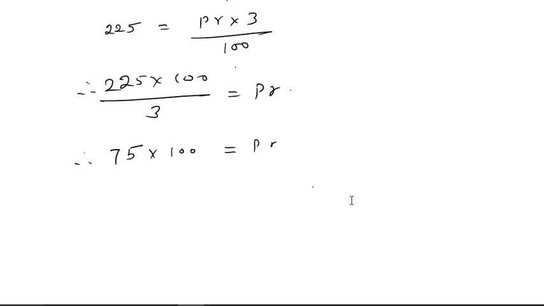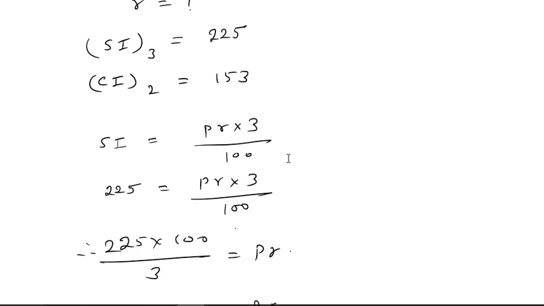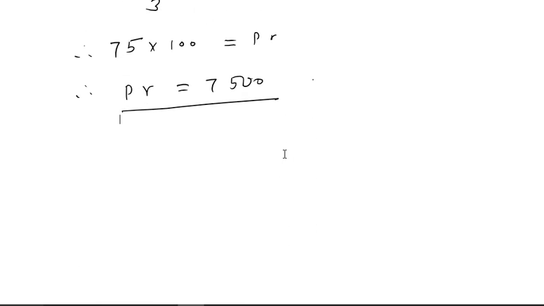So the value of PR becomes 7500. Value of PR is 7500. Now for compound interest, let us use the formula. The formula is P into (1 plus R upon 100) power n, minus 1.